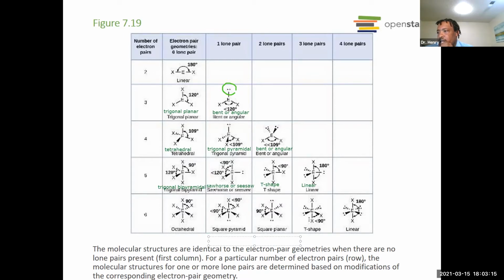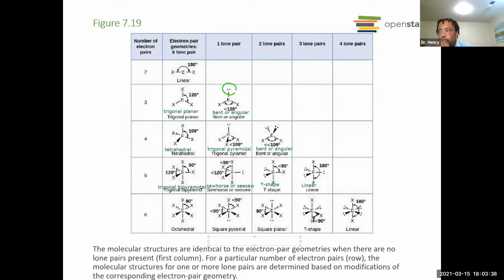And next, if we have, again, 6 attachments with 3 of them being lone pairs, and the other 3 being attached atoms, in this case we're going to form a T shape. And again, it's going to be altered a bit because the lone pairs are going to be pushing it down.